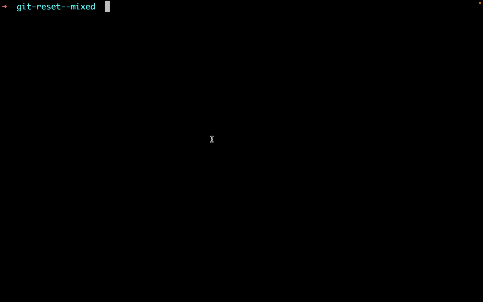Whereas with git reset mixed, they will be already staged, rather than committed. So anyway, let's see what I'm talking about.